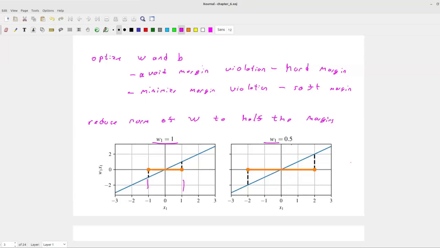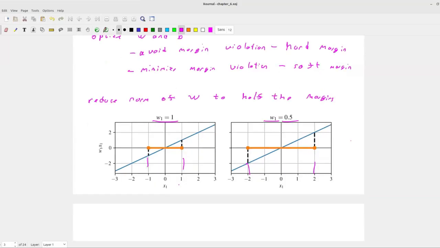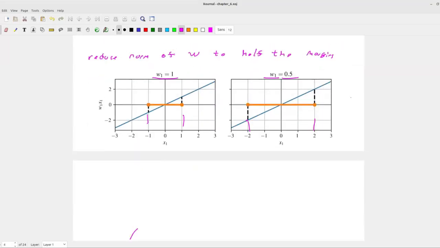And if I've got W1 equals 0.5, then I have a much wider boundary. So minimizing the second norm of W maximizes the margin.